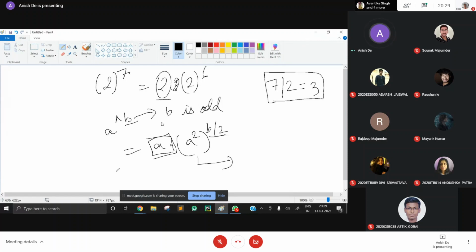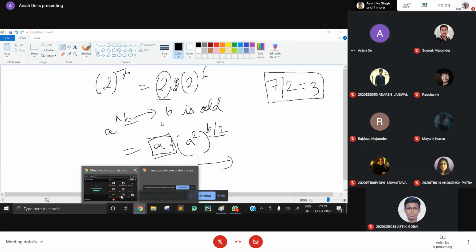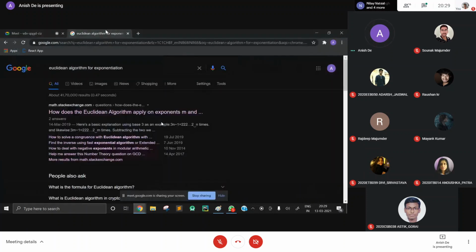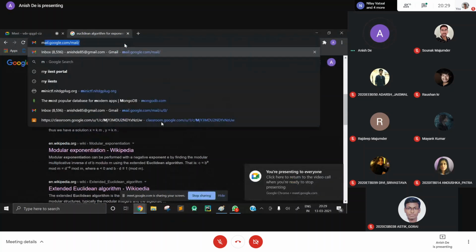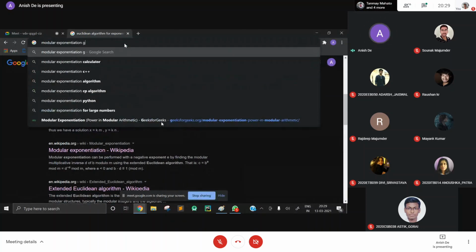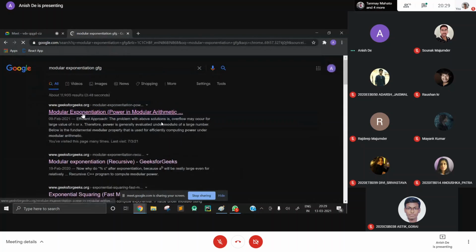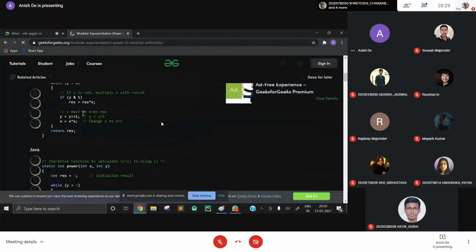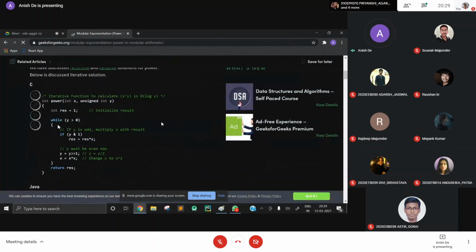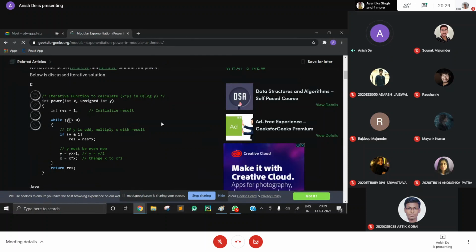So I am showing you the code here once again. Look at this. Here x is the base and y is the power. So till y is greater than 0, that means y is not equal to 1. This is basically if y is odd.